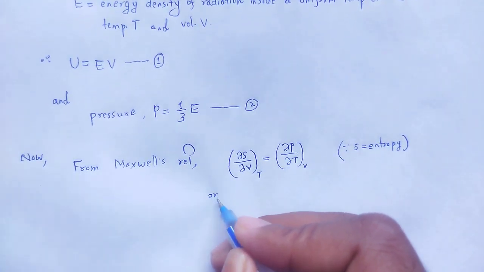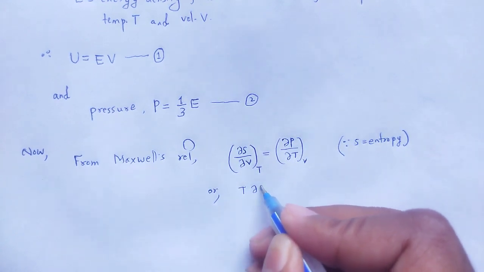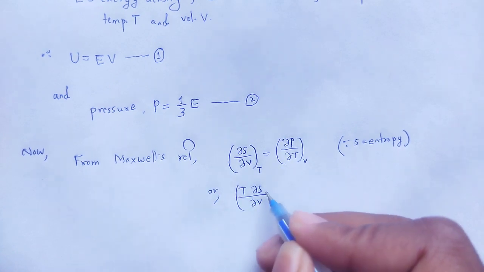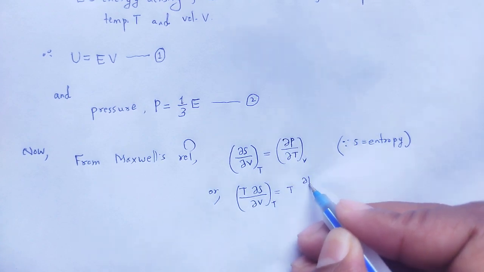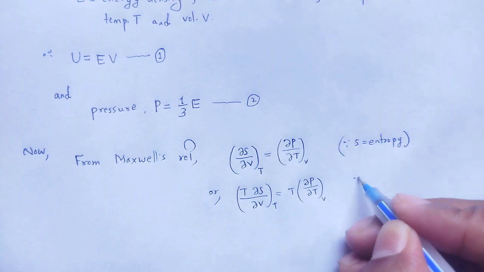Let us multiply by T on both sides. So, T ∂S/∂V at constant temperature is equal to T ∂P/∂T at constant volume.